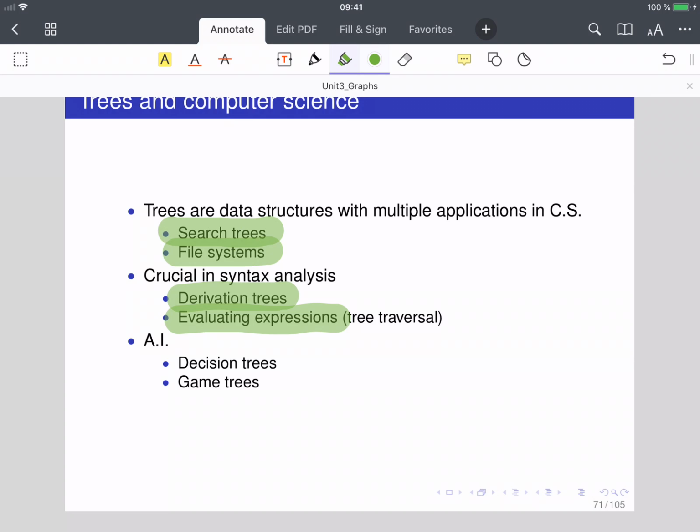Also, the notion of tree is something that you use in artificial intelligence. For instance, related to decision trees, which are a way of constructing machine learning models that allow us to take decisions to classify objects according to some rules.